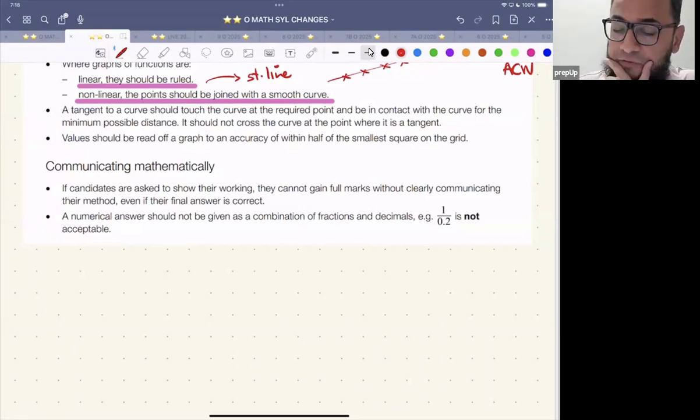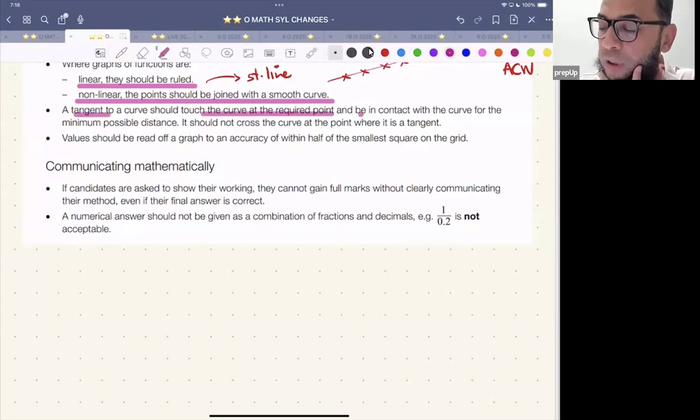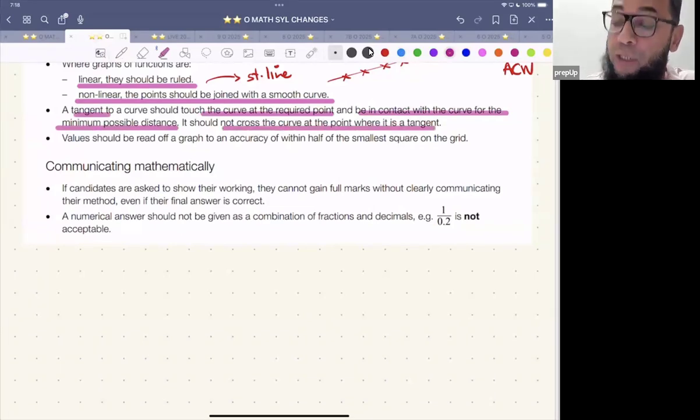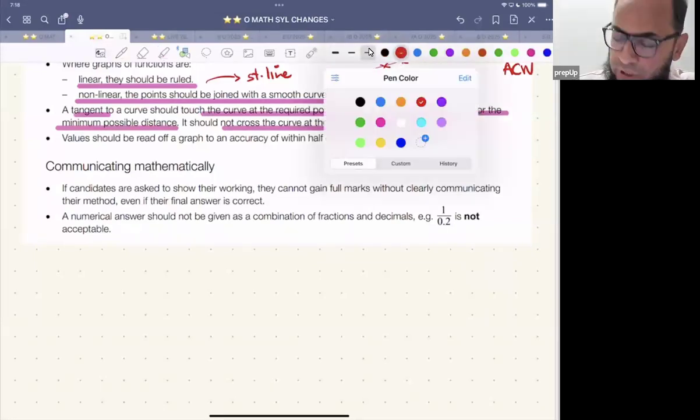A tangent to the curve should touch the curve at the required point and be in contact with the curve for the minimum possible distance. We will talk about that later. It should not cross the curve at the point where it's a tangent. Let me just give you the idea over here.